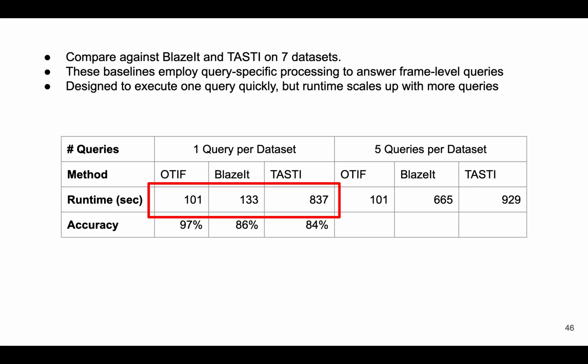It's doing query-specific video processing just to extract minimal information from the video to answer that 1 query, while OTIF is doing this much more general purpose object tracking of all objects that appear in the video. And the reason why OTIF is able to be faster is really because we're combining so many different optimizations, from the detector resolution to the rate at which we process the video to also introducing this new segmentation proxy model approach.